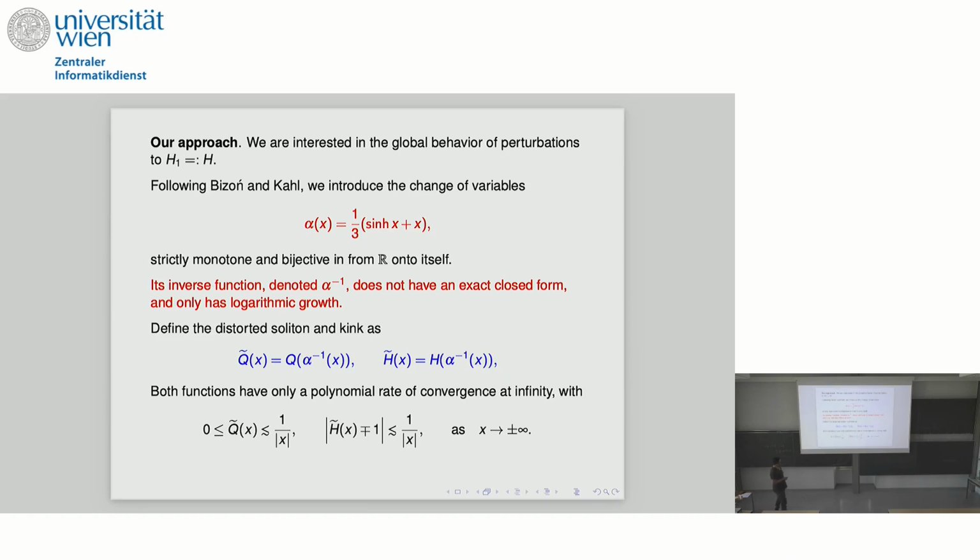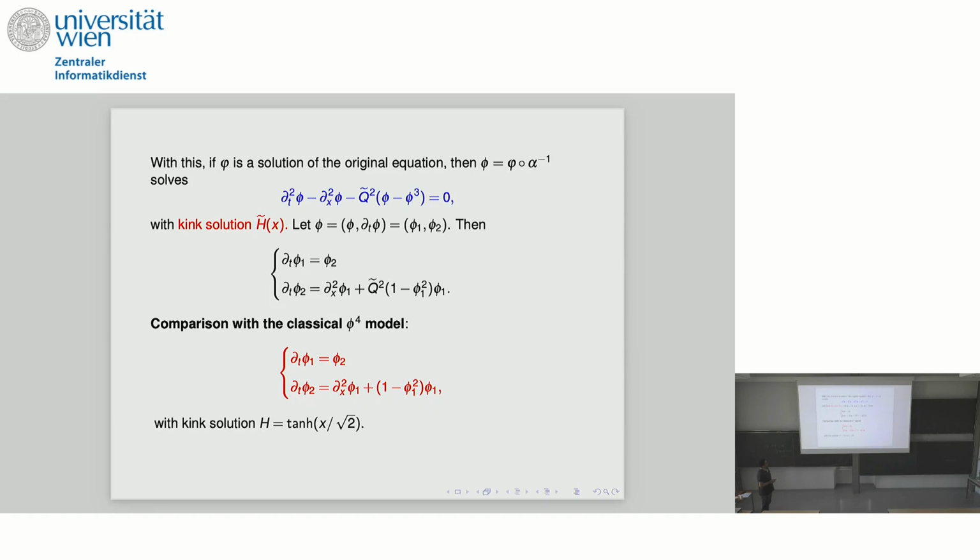So in some sense, you change your exponentially decaying behavior to polynomial decay. And what is beautiful is that when you compose your solution phi bar with this alpha minus 1, you end up with this PDE, a wave PDE.